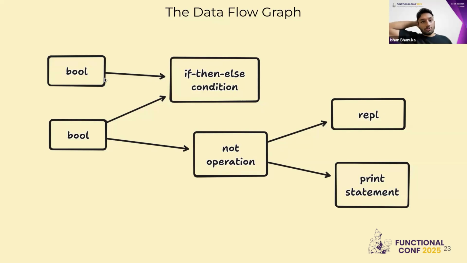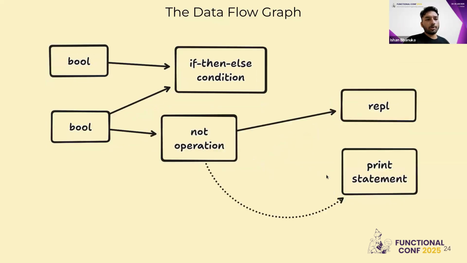Otherwise, they can bump into each other, and if they're not the same type, then it will be a type error. So this is a hypothetical graph for a very simple kind of program. The Boolean flows into an if then else condition, and applies to a not operation. One of them gets consumed in the REPL. One of them I print out.